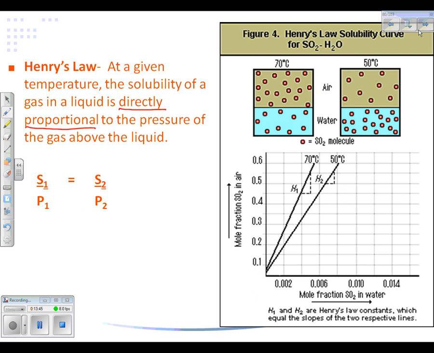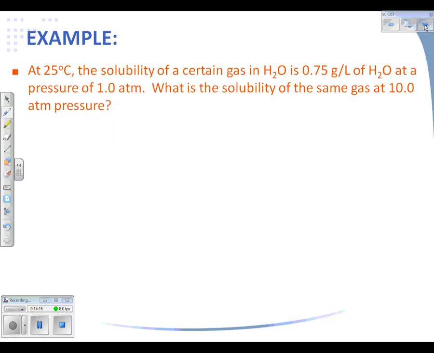So the direct proportionality is S1 over P1 equals S2 over P2, solubility over pressure above the liquid, and that's why when you lower the pressure by opening the container, you lower the solubility as well because they are directly proportional. And that's why more of your gas comes out of solution. It won't stay in solution.